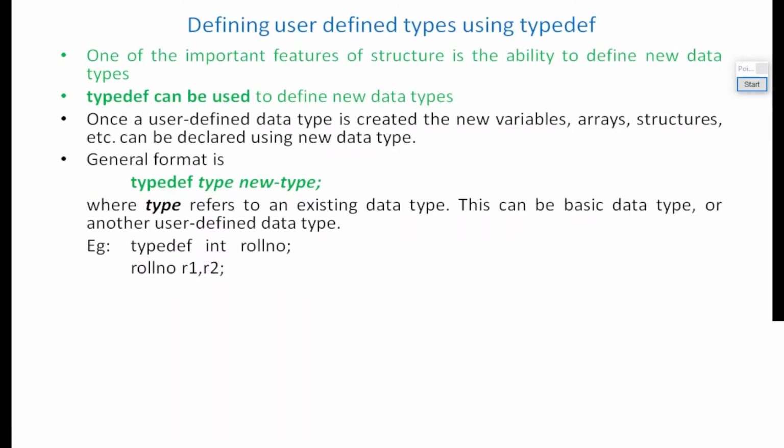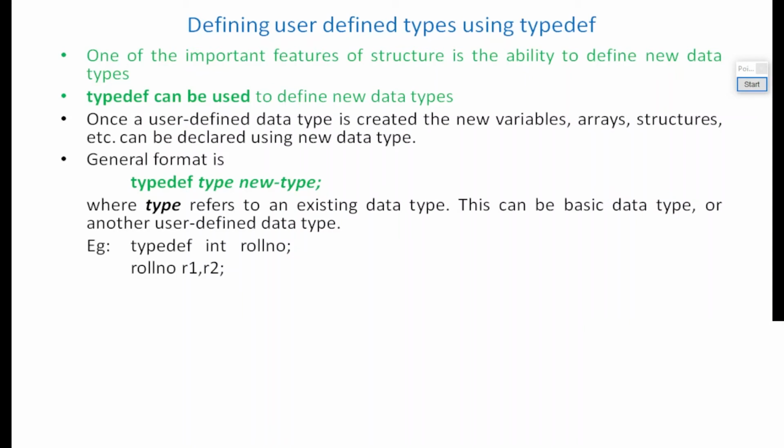Defining user defined types using Typedef. This is one of the good features. Whenever we write lengthy programs, we go with the Typedef. So we have basic data types, derived data types, and user defined data types.